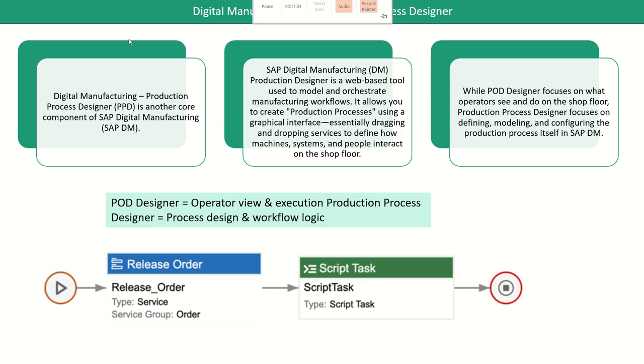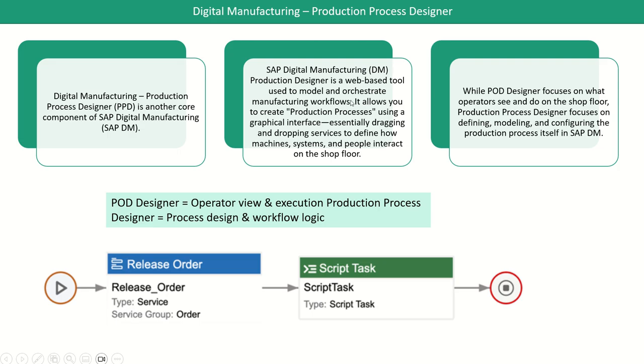Coming to the Digital Manufacturing Production Process Designer. So what is the production process designer? It is a web-based tool that is mainly used to model or orchestrate manufacturing workflows.